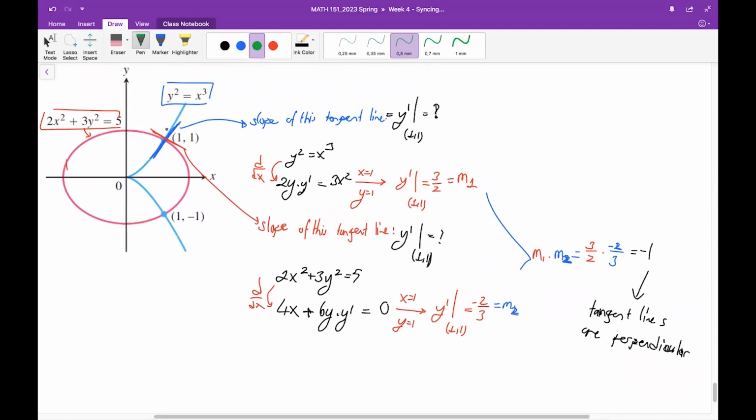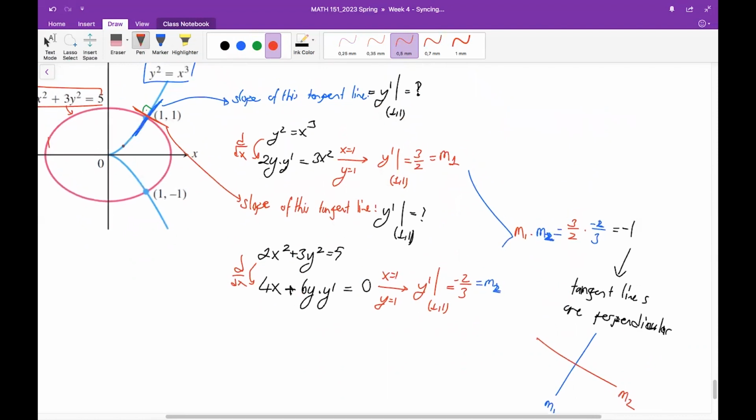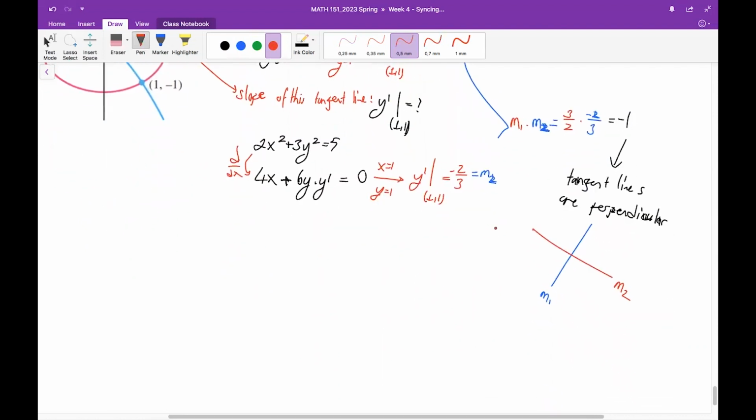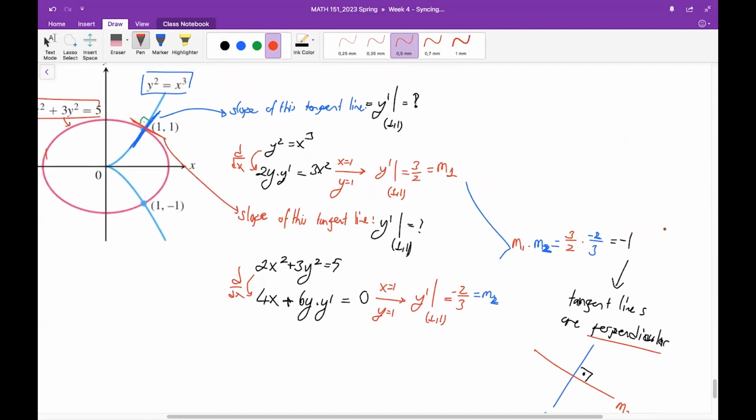Now I can safely put this 90 degrees in my picture. The line 1 with slope m1 was like that in the figure, and the second tangent line to the ellipse, the red one with slope m2, was like that. Since their product is -1, we understand that they are in fact perpendicular. That's the desired result.